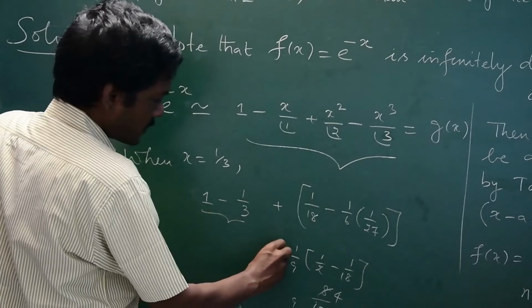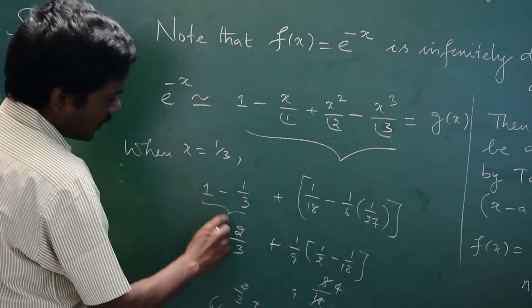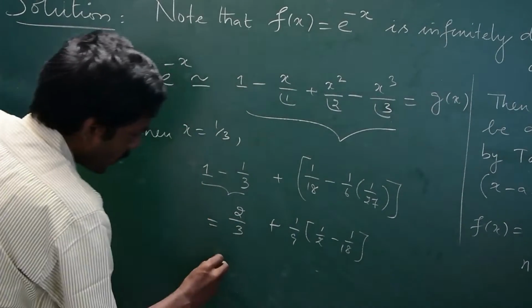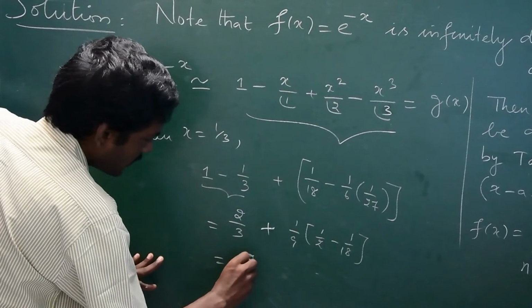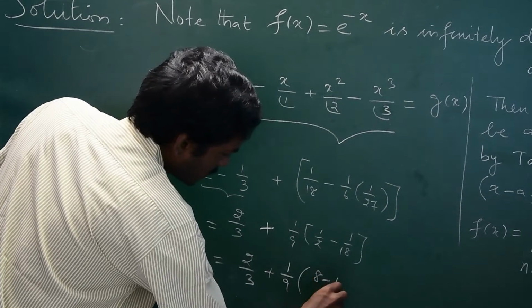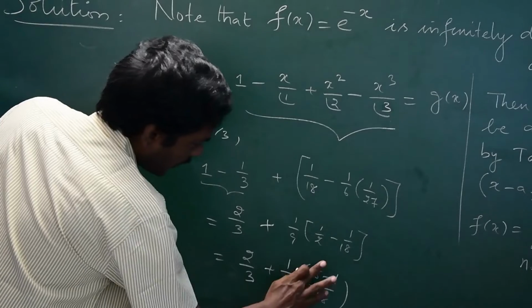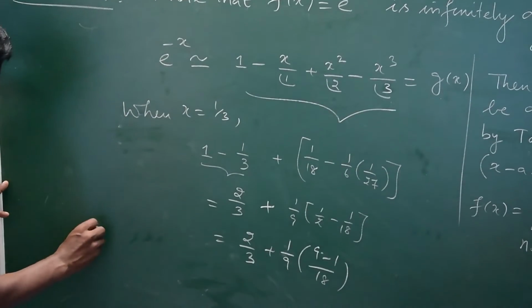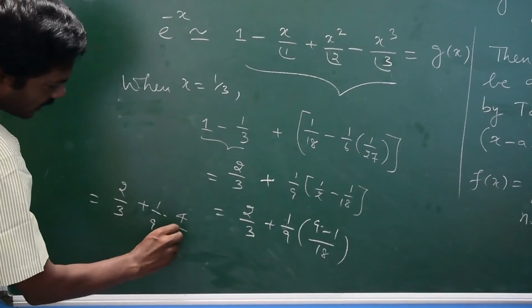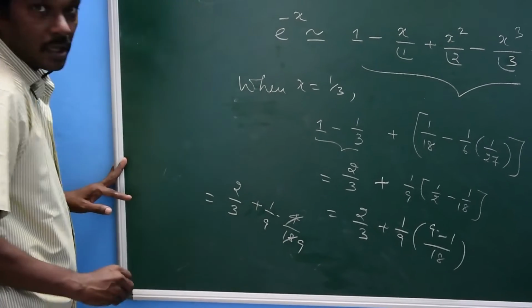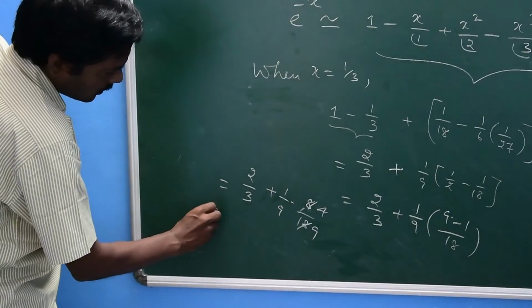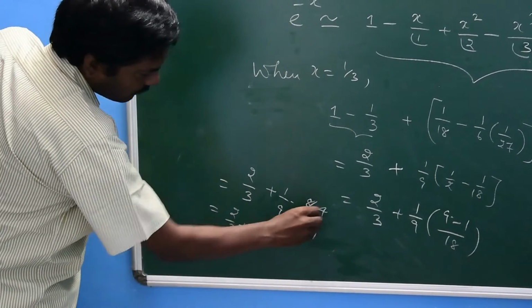Now when you simplify this, this is 2 by 3 plus 1 over 9, when you simplify this, 8 minus 1 over 18, 9 minus 1 over 18. So that is equal to 2 by 3 plus 1 over 9 times 4 by 18. When you cancel it out, 8 is cancelled with this. So this is 2 over 3 plus 4 over 81.